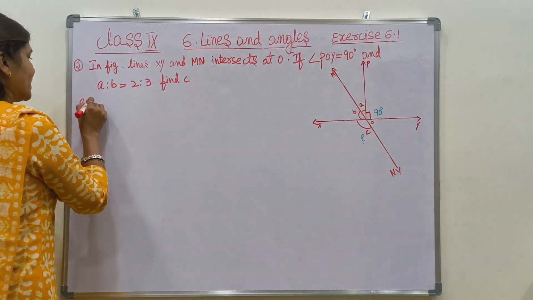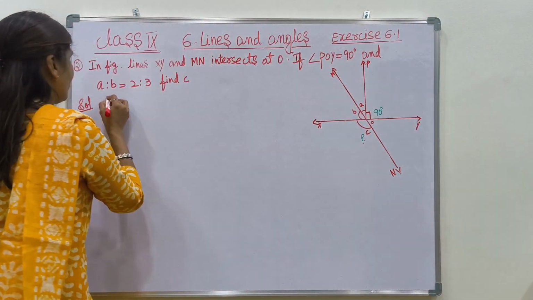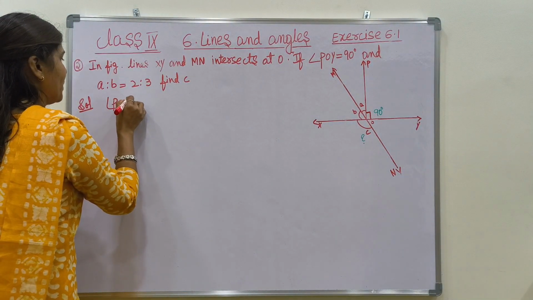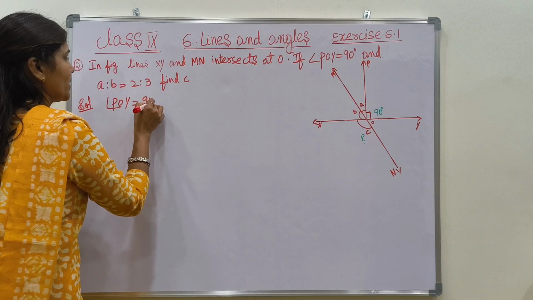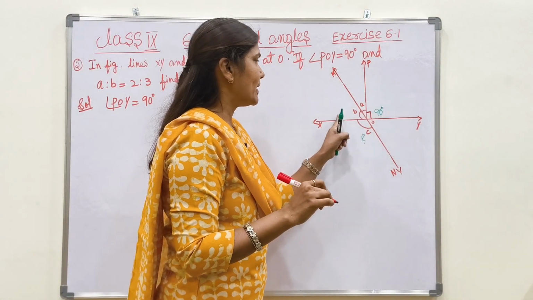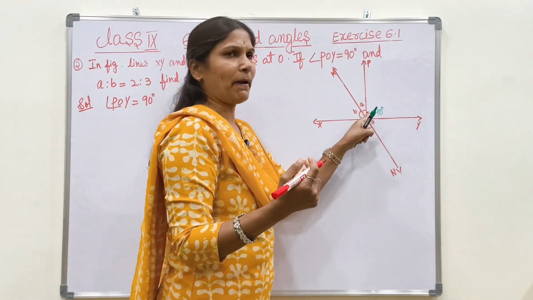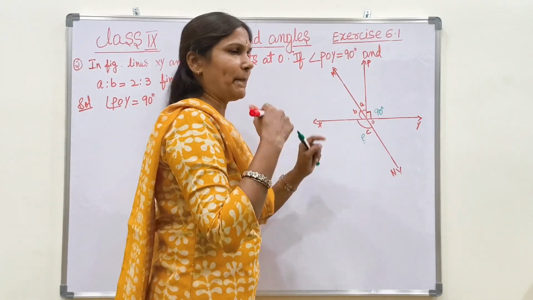Now we will start. First what is given? First we will write POY given. So now we will write angle POY is equal to how much degree? 90 degrees. So this is 90 degree means this XOP also 90 degree. I mean straight line is there. It is perpendicular means this side also perpendicular.